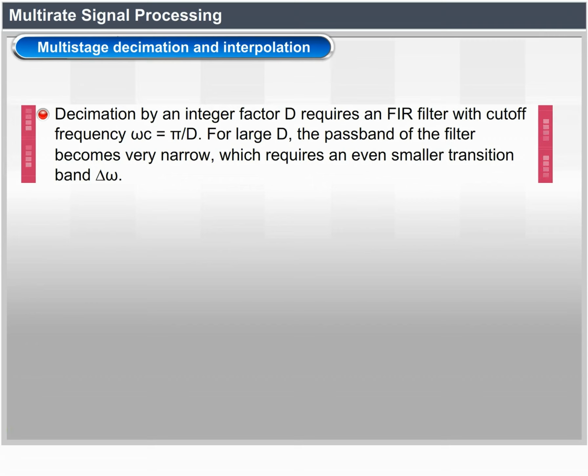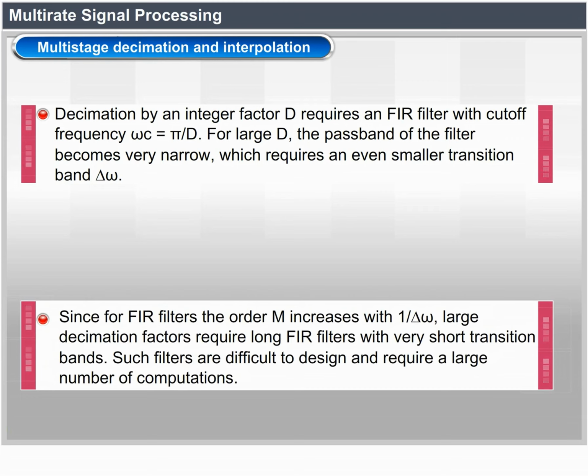Since for FIR filters the order m increases with 1/delta omega, large decimation factors require long FIR filters with very short transition bands. Such filters are difficult to design and require a large number of computations. An efficient way to avoid these problems is to use a multi-stage approach.